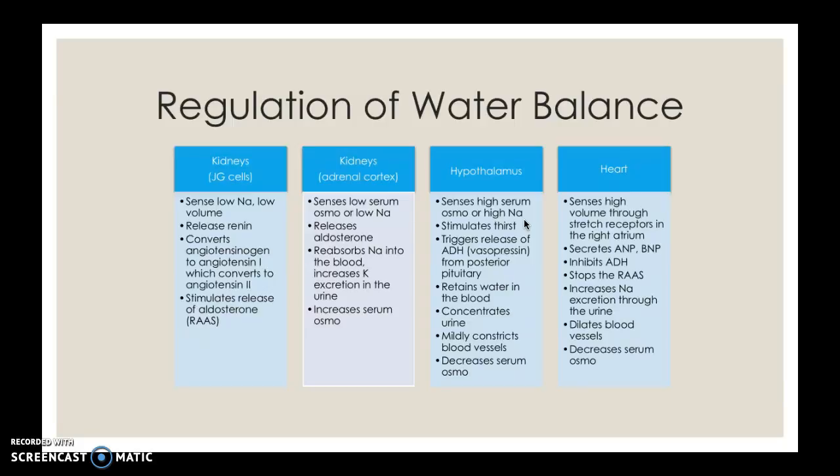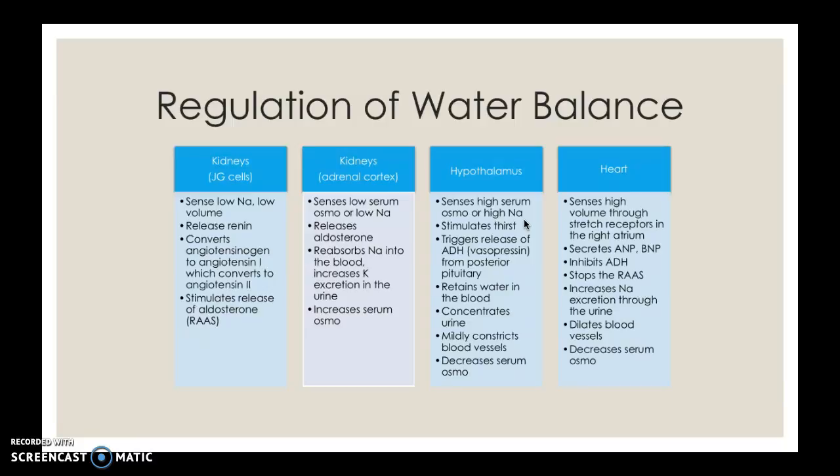Antidiuretic hormone, ADH, stimulates the kidneys to hold on to water and to concentrate the urine. Okay, so if you're holding on to water, you're putting more water back into the bloodstream, which would decrease the serum osmolality.